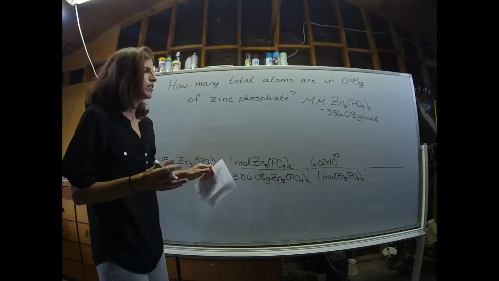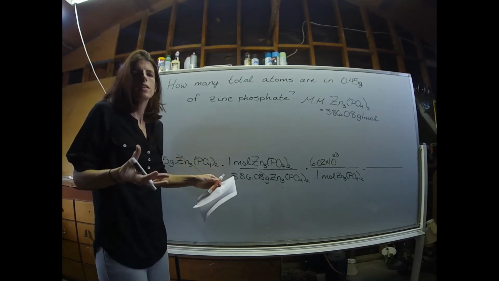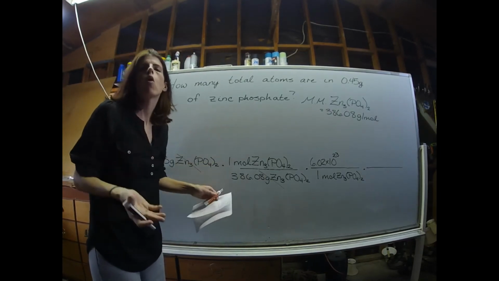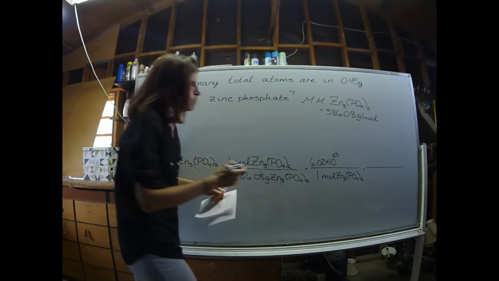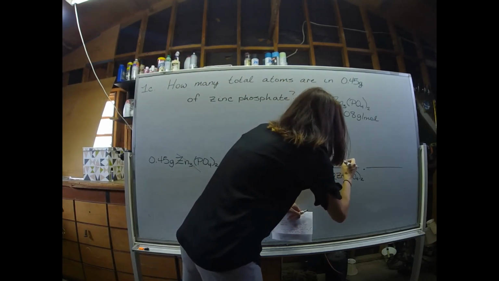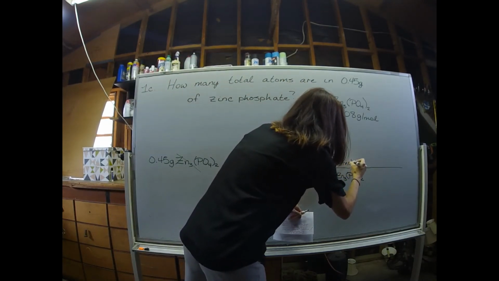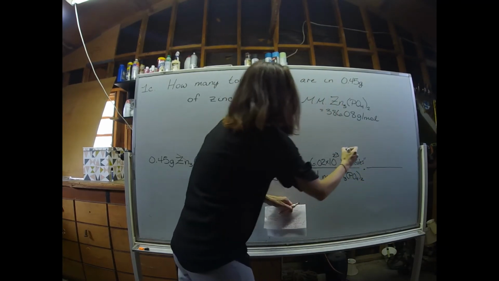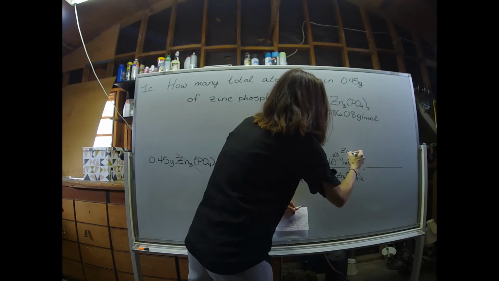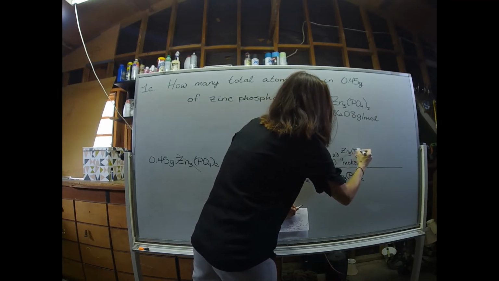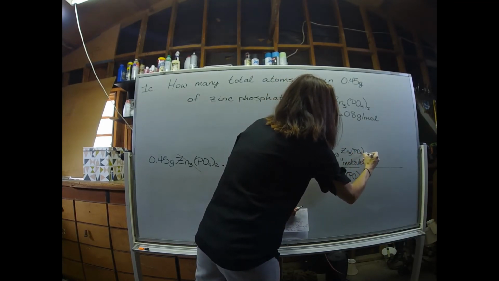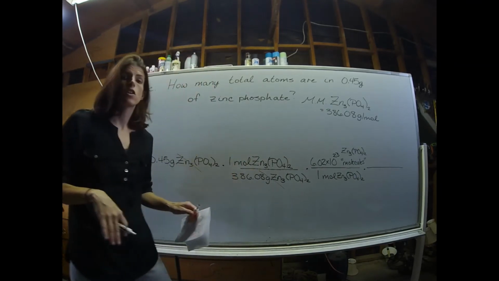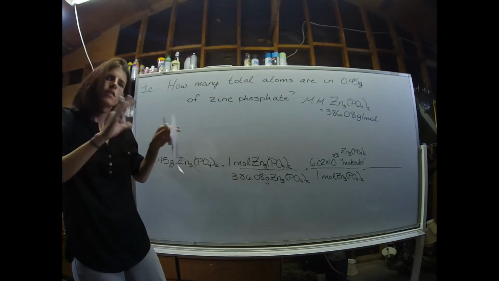of zinc phosphate units. If it was covalent, I'd call it molecules. Let's do that. I'm going to put it in quotes. Not 100% correct to call it molecules, but I think it's a little bit easier to conceptualize than unit, right?